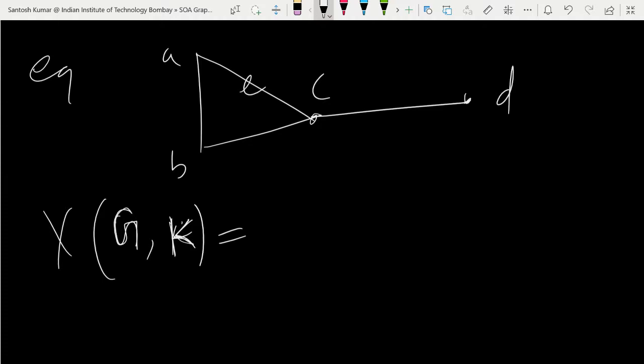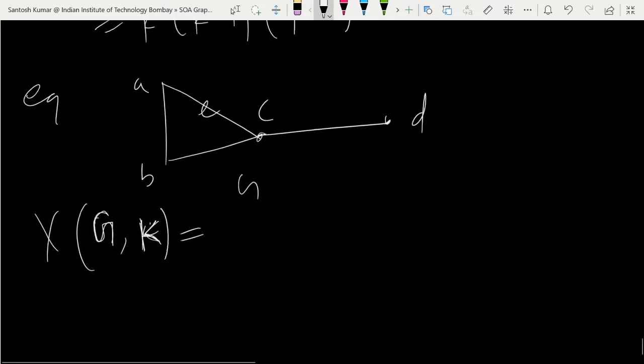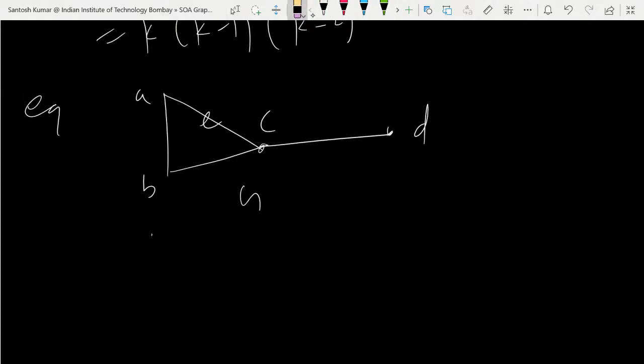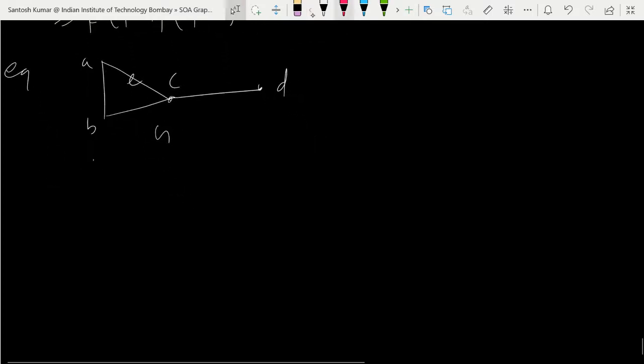What did you get? Sir, k minus 2 into k minus 1 whole square. Okay, correct. So again, I think everyone will be able to do this. So simply this is graph G. You can find graph G minus E, so you remove that edge.